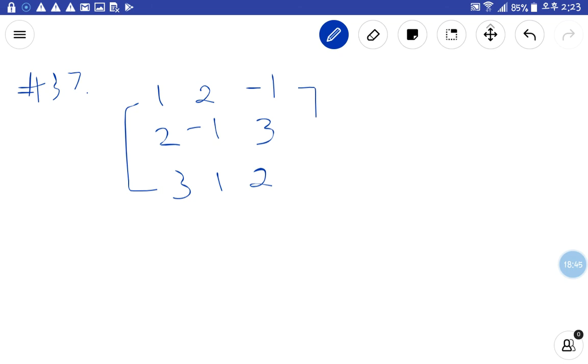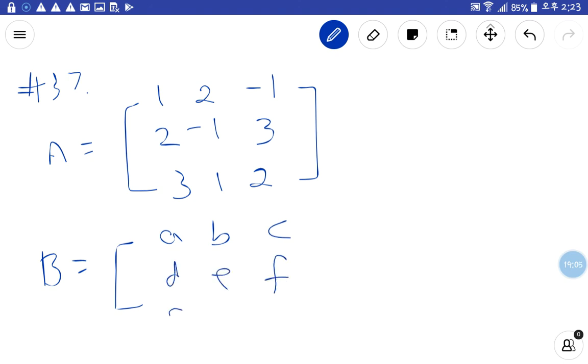Okay, number 37. I have 1, 2, -1, 2, -1, 3, 3, 1, 2. Alright, so let's assume that this is my A. Let's assume that A has an inverse matrix, which is B. So a, b, c, d, e, f, g, h, i.